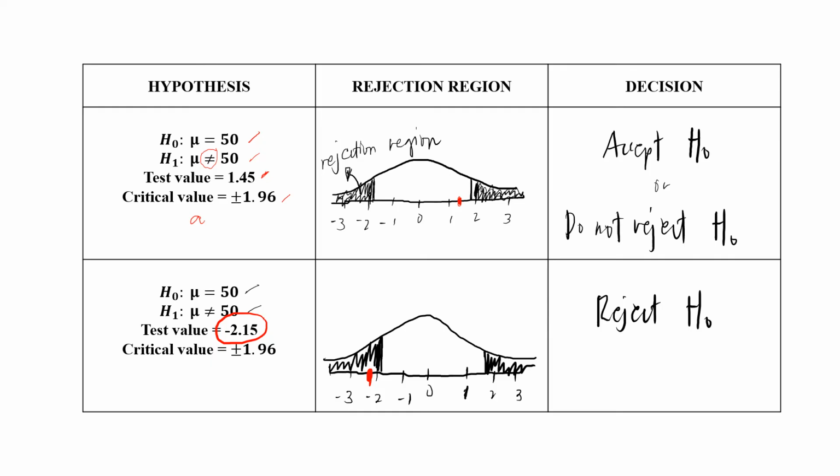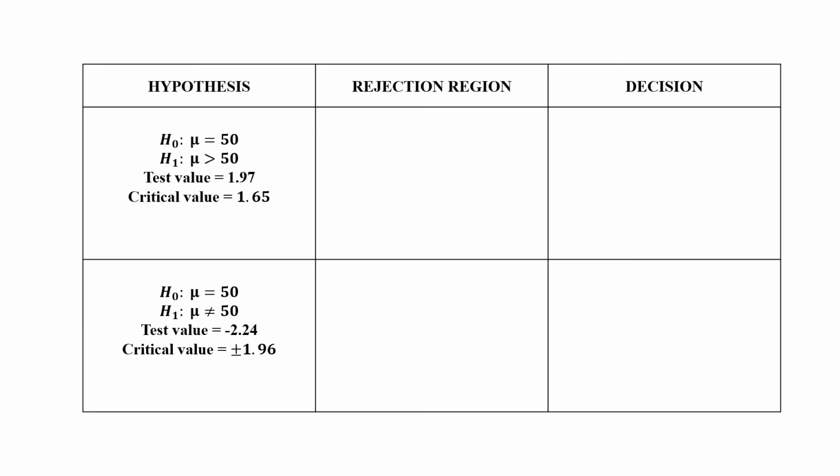Tandaan, kapag nag-lie yung ating test value doon sa ating rejection region or sa shaded part, meaning we need to reject the null hypothesis. Pero kung hindi naman siya nag-lie doon sa ating shaded part or sa rejection region, we need to accept or do not reject the null hypothesis. Okay? Okay, so another example.